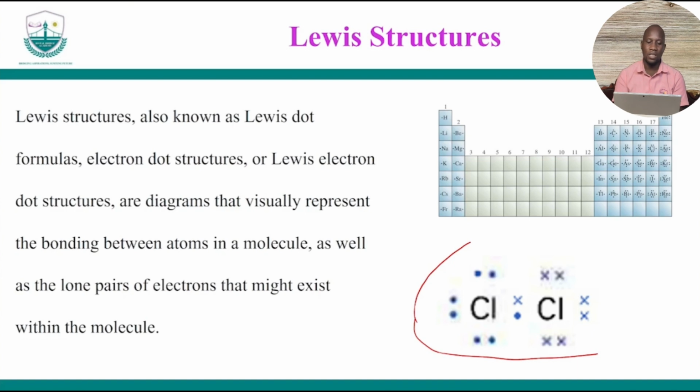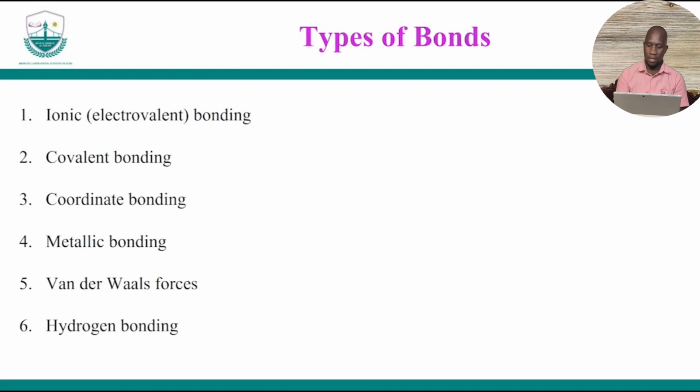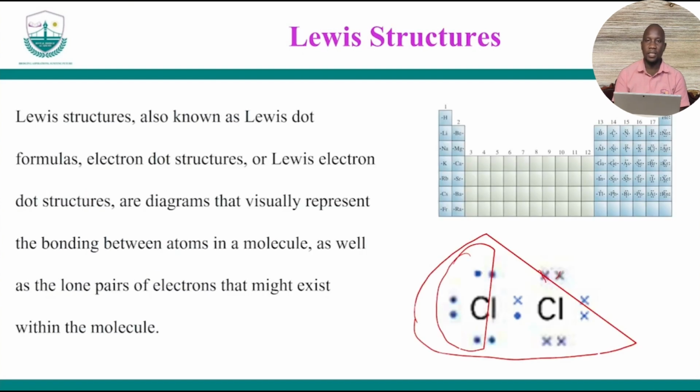Then we use dots to represent the electrons that are involved. So, for example, the electrons from this first chlorine atom are represented by these dots, and then these X's are representing the electrons from the other atom.